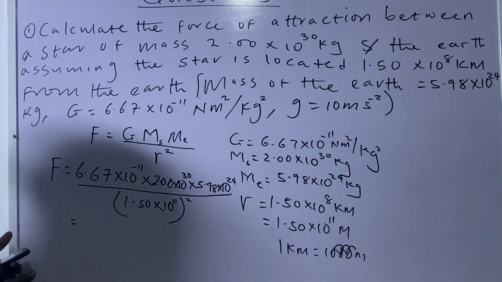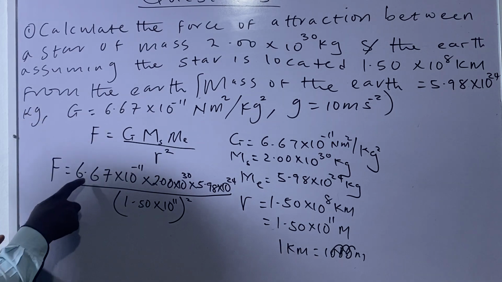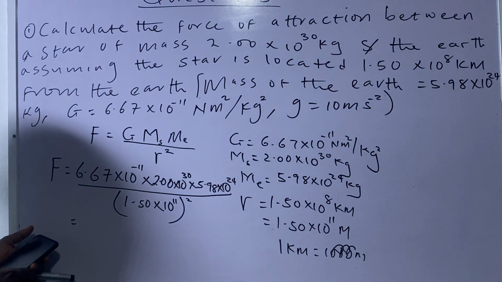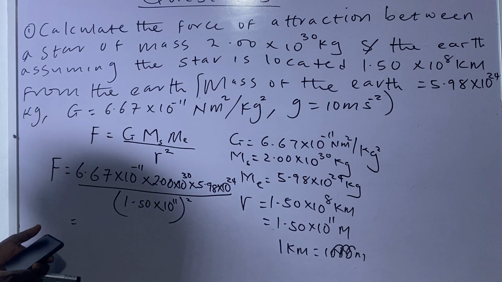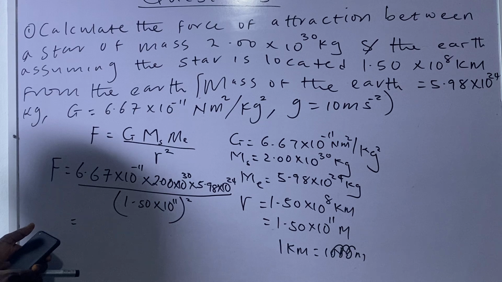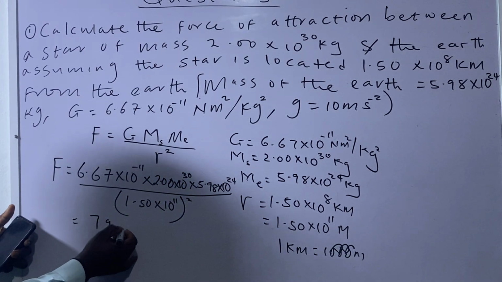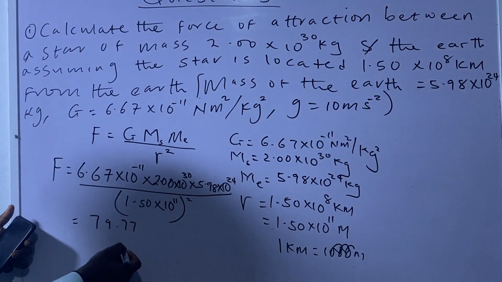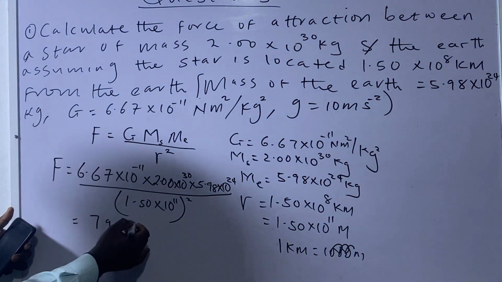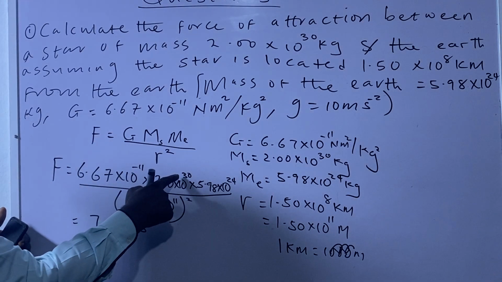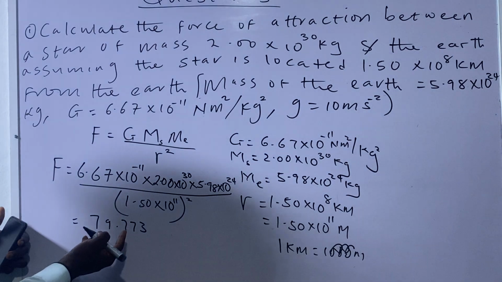The easiest way to approach this is to multiply this value with this value and with this value. So look at what I'm going to do. I'll say 6.67 times 2.0 times 5.98. So I'm having 79.77. Allow me to approximate a little. Let me put 3 there. So then this is minus 11. Minus 11 plus 30, that will give me 19.